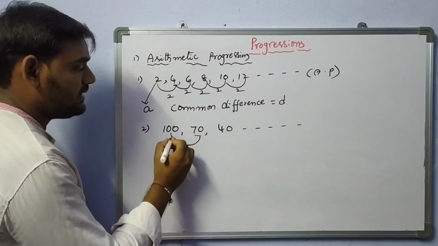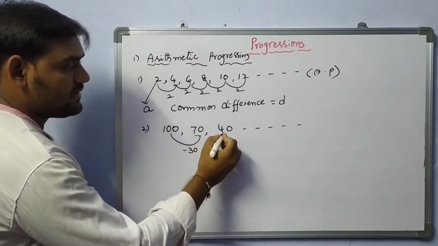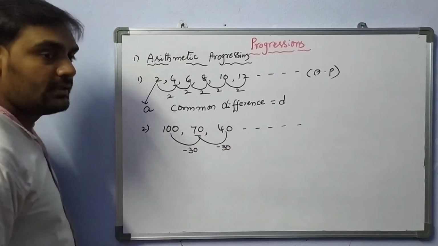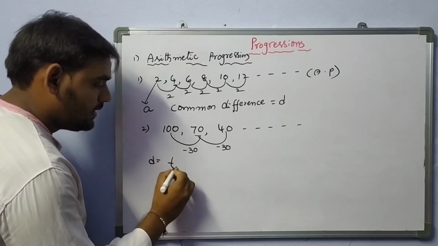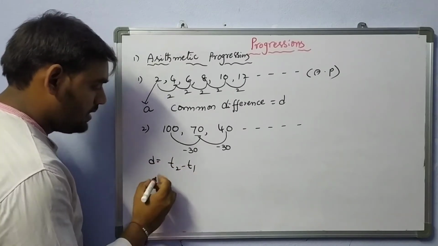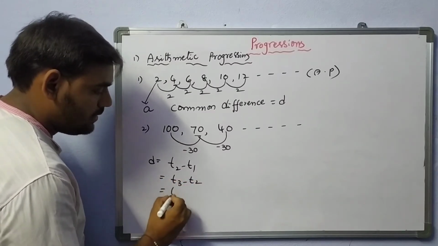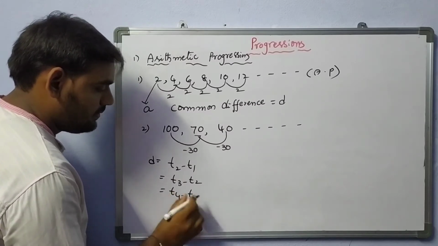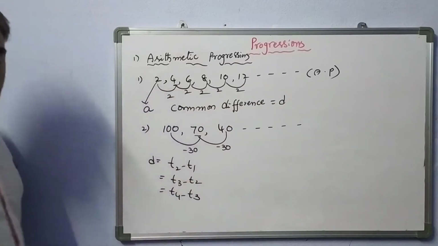Here 70 minus 100, we will get minus 30. Next one, here also we will get minus 30. See here, common difference we always need to take as T2 minus T1. Next, T3 minus T2. Next, T4 minus T3. Like that we need to take.